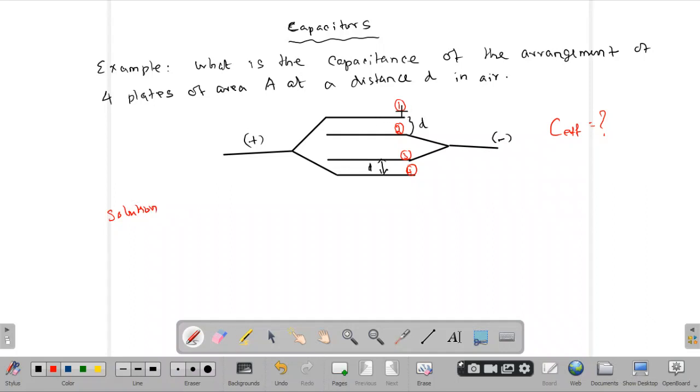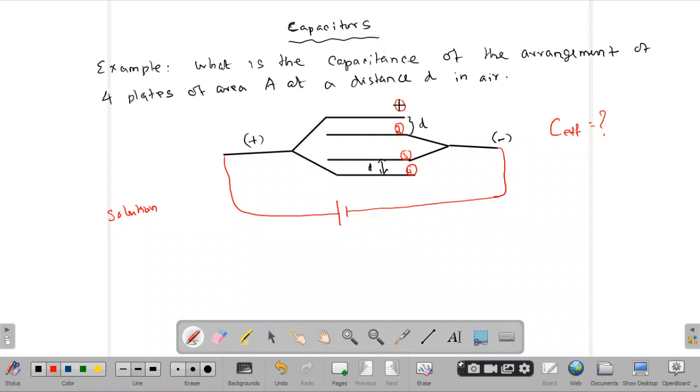The two plates 1 and 4 are connected with the positive terminal of a battery. We can show now like this. Positive end, the other one is negative end. Understood?